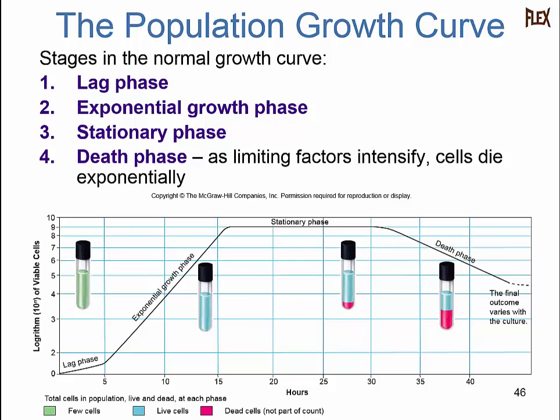So for the death phase with microbes, they don't have the option to just pick up and move, well, unless they're free-living microbes. And in that case, they also would move to a new location. If they stay within that concentrated environment, however, the absence of nutrients would cause them to die. Now, I want you to reflect back to chapter 4 when we were talking about endospores.